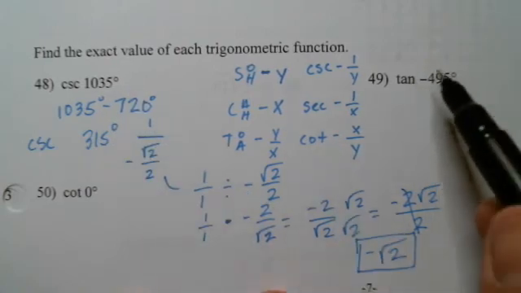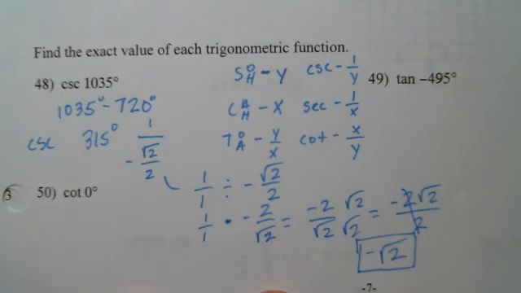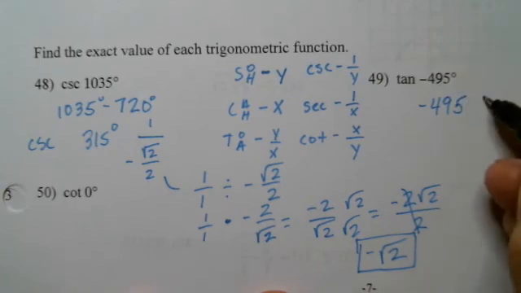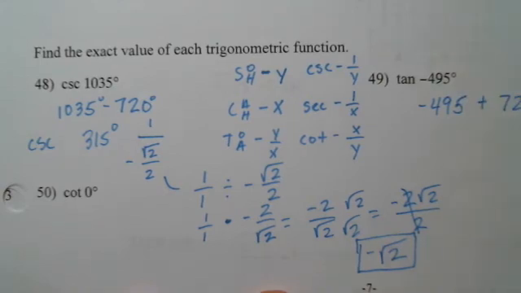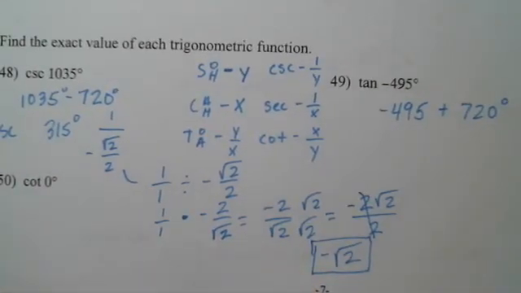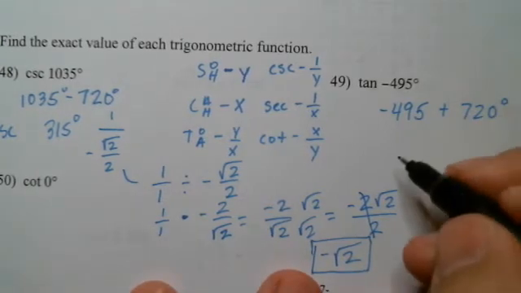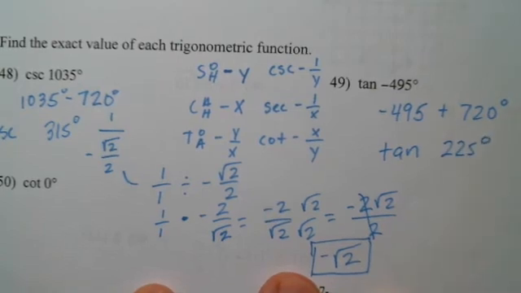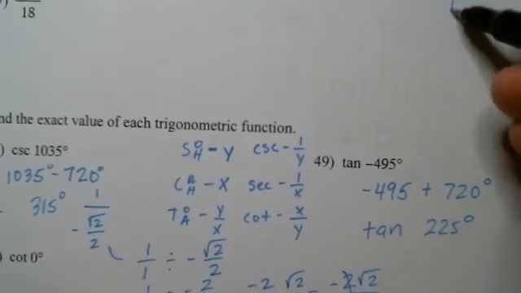What do you think you can do here to find this degree as a positive? Add the next perfect circle. Does that make sense? So negative 495 plus 720 would give us 225 degrees. Now, the logic behind that is this right here.